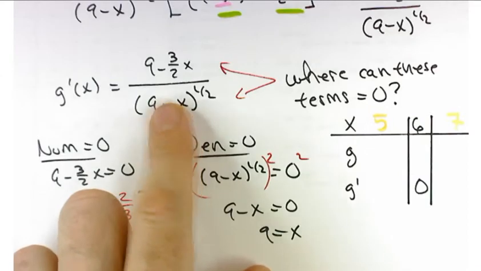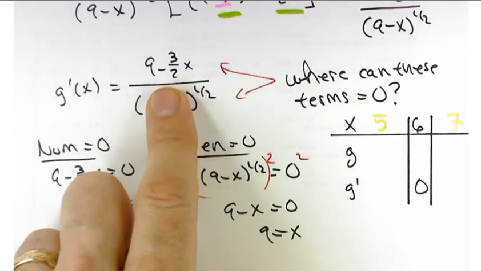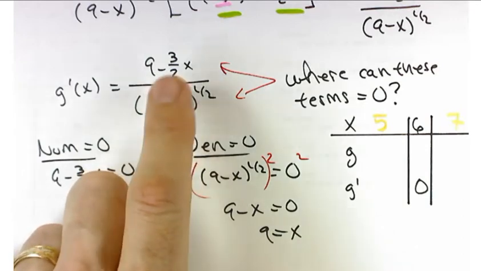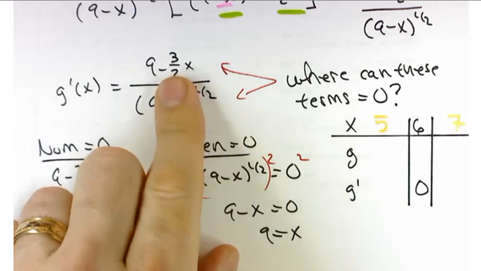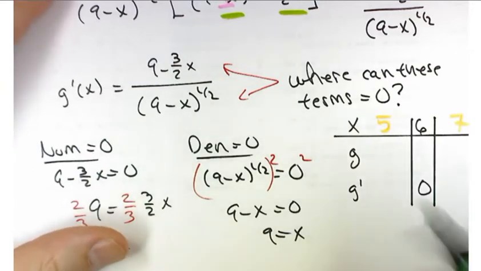You can take out your calculator to test them. Really, I guess the very minimum we need to do is test it in the numerator. That's going to dictate the sign of the derivative. If we test it at x equals 5, I think it's going to be positive. Double check me on that. Yeah, it's going to be positive and then negative.